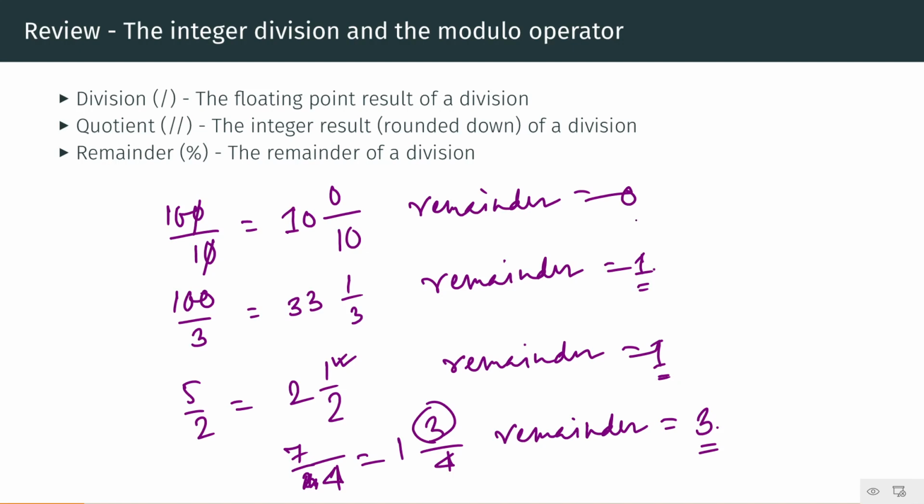But forget about floating point numbers for now, because you could also say something like 100.3 over 3, right? And that will give you a different result because the number that you're dividing itself is a floating point number. But we will ignore these numbers for now. We'll only deal with integers.